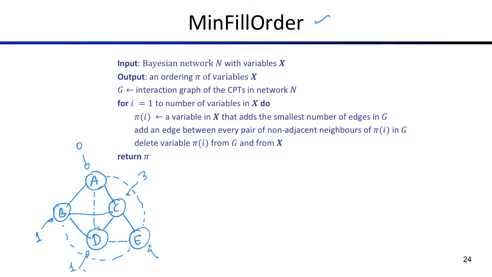So in this case, it's going to be 0. So for this graph, I need to do this simulation process to see what fill-in edges would be created for every node that I could eliminate and figure out which ones will create the smallest number of fill-in edges. In this case, my choice will be between A and E.